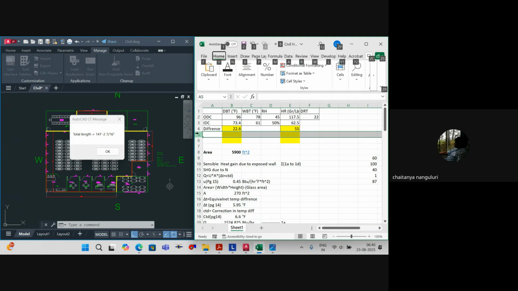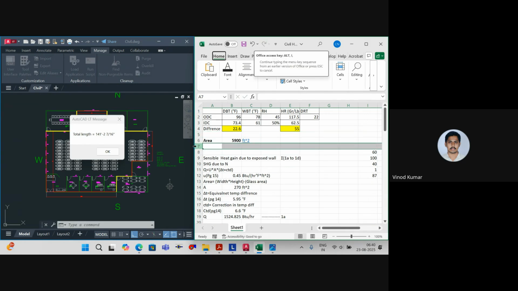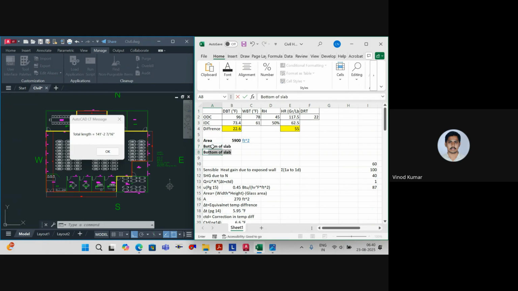4 inches, both sides. So bottom of the slab is how much? 13 feet.